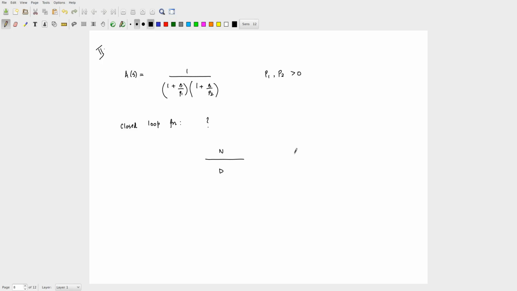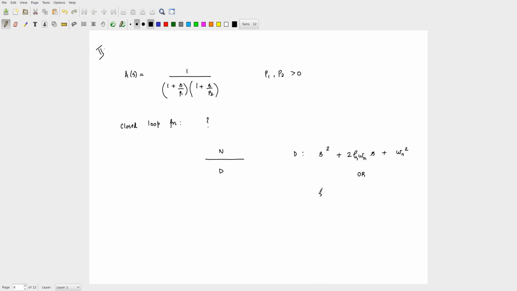I want you to write the denominator in the following form: s squared plus 2 zeta omega n s plus omega n squared. You remember this form, right? For a second order function. Or if you divide everything by omega n squared, what will you get?